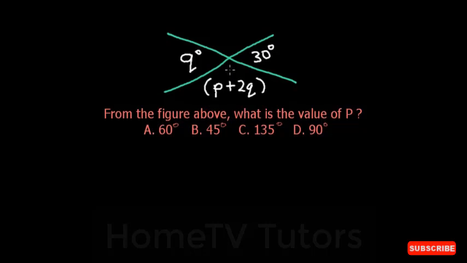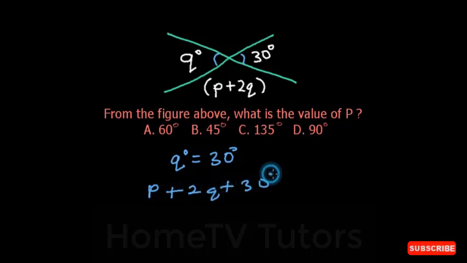From the figure above, what is the value of P? Q degrees is equal to 30 degrees because this angle and this angle are opposite angles and they are equal. So the sum of angles on the straight line, which is P plus 2Q plus 30 degrees, is equal to 180 degrees.